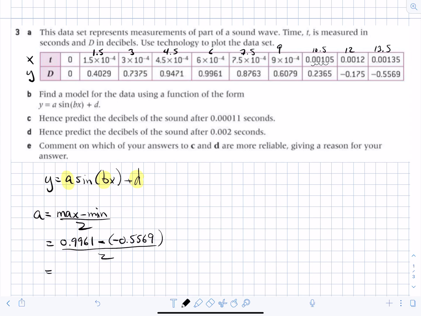So that's equal to, use my calculator, 0.7765 according to me. So that'll be the amplitude. And D is max plus min. Did I do it in reverse? No. Max plus min divided by 2. That's right. So it'll be the same numbers.